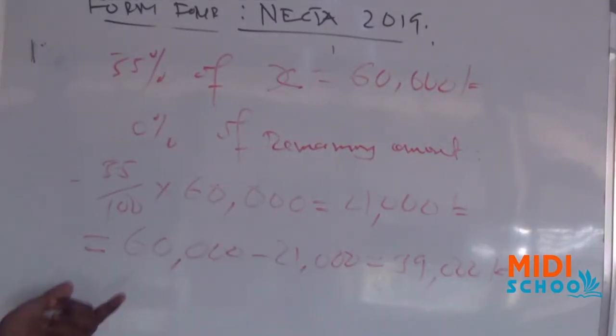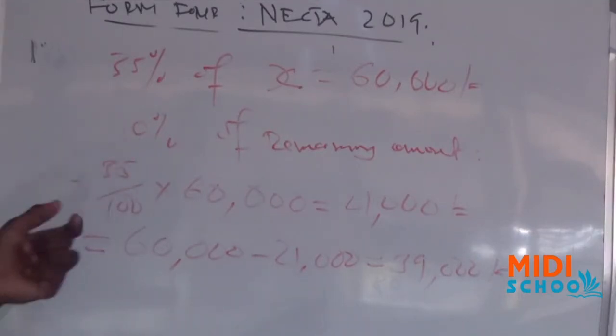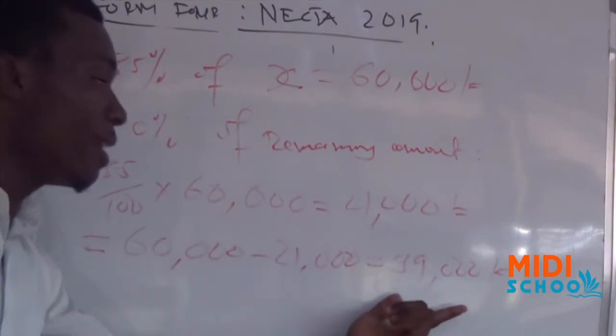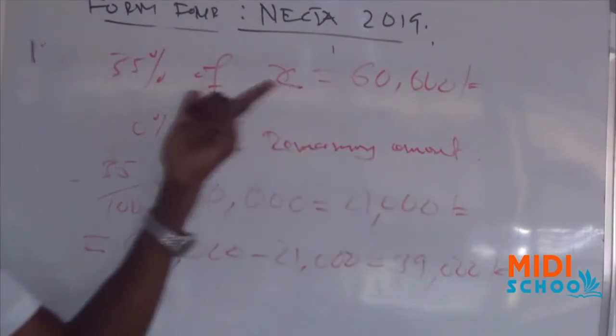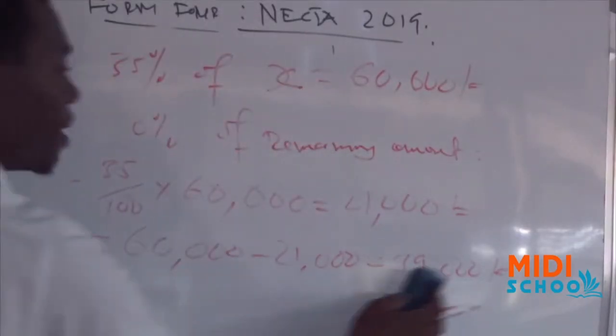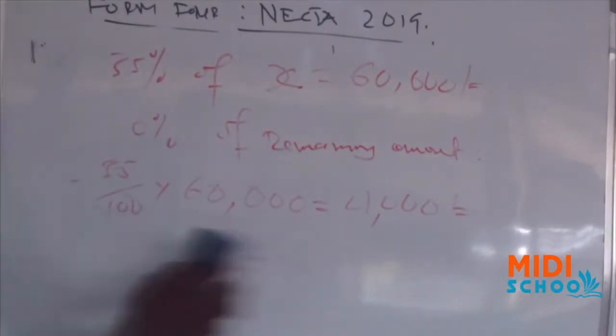For the next step, she spent 10% of the remaining amount, that is, the amount she has after buying shoes.